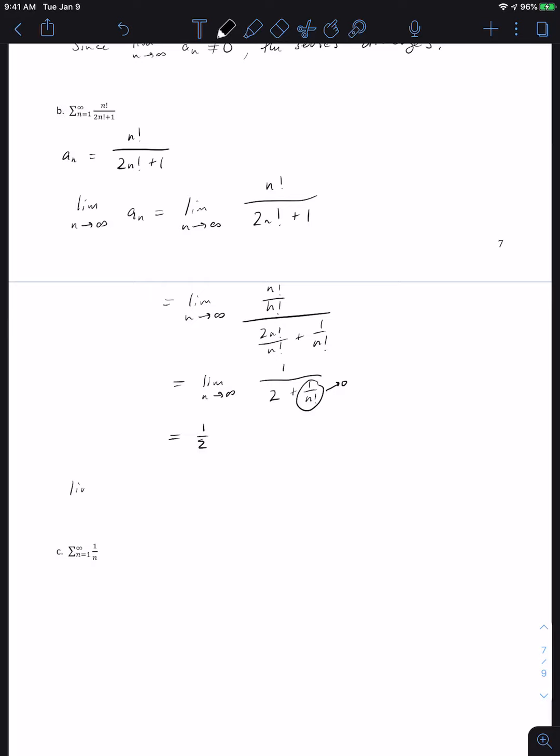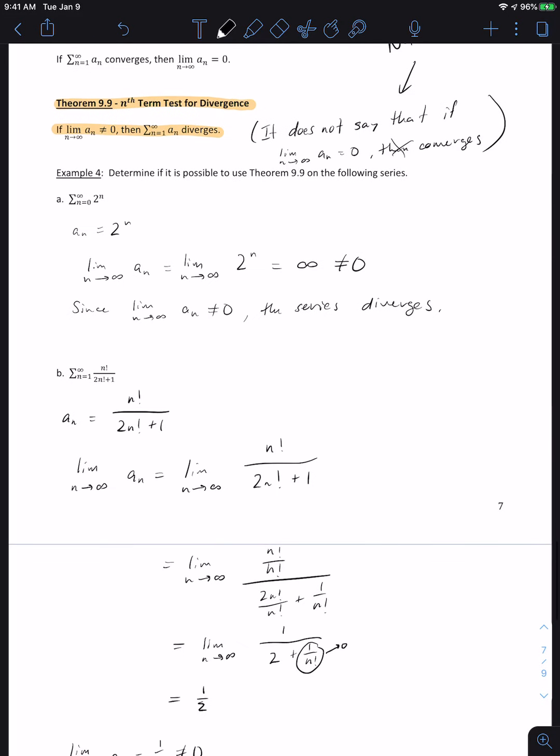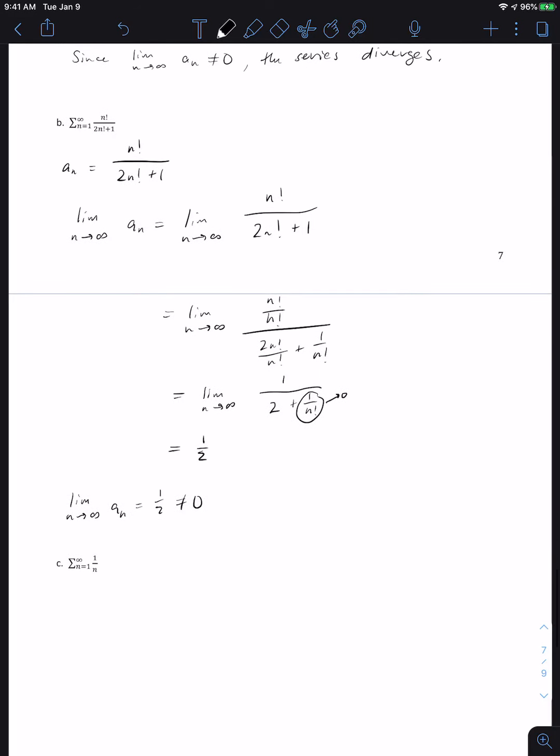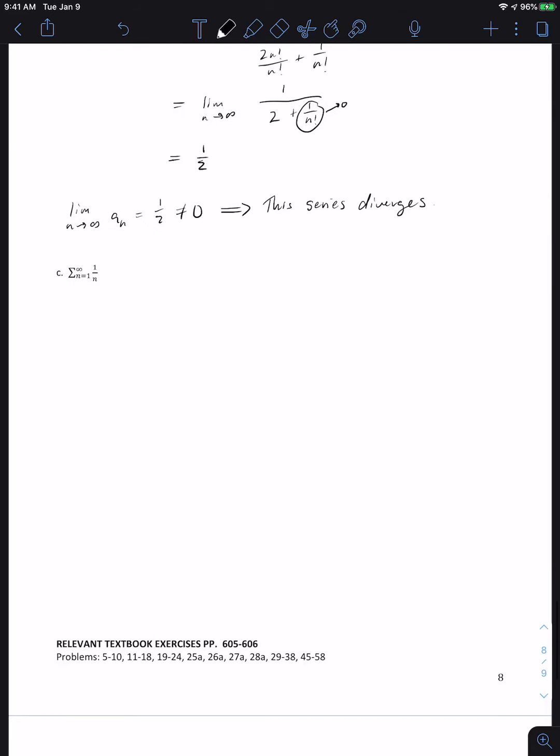The limit as n goes to infinity of a sub n is equal to 1/2, which is not 0, which is exactly what we need to happen for theorem 9.9. So since it doesn't go to 0, that means this series diverges. And we're done.